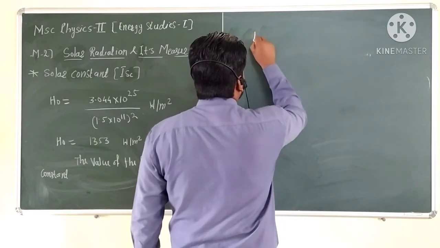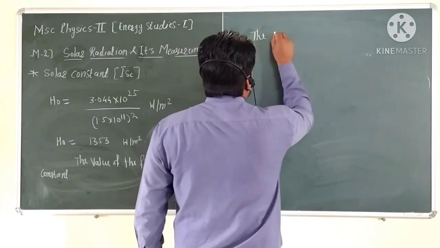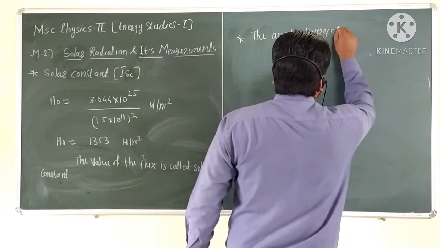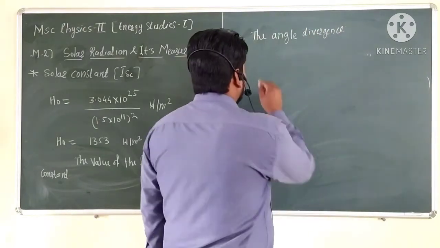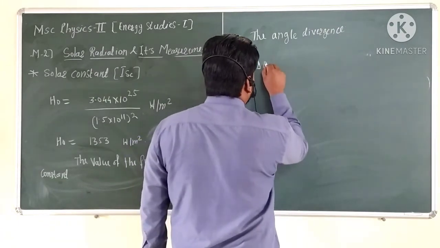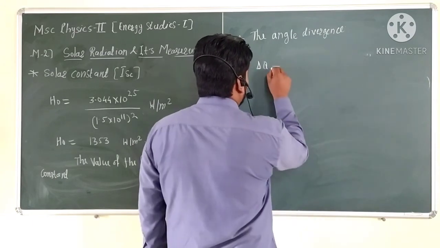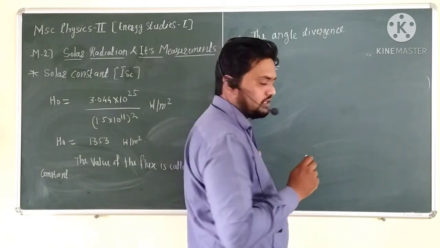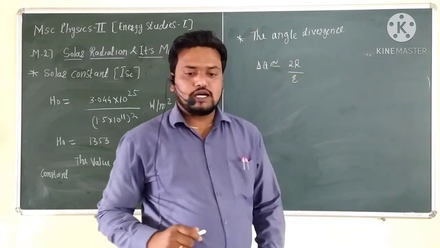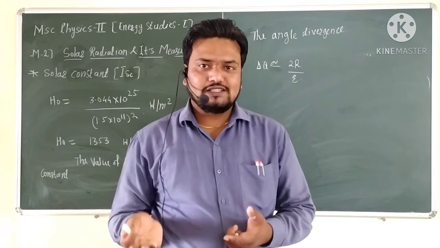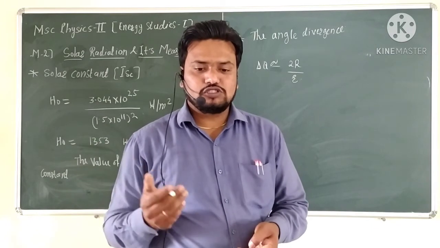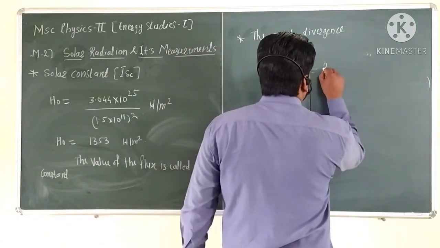The angle divergence is nothing but the variation of angle, delta theta, which is considered as 2R divided by small r, where 2R is the diameter of the sun, capital R being the radius of the sun, and small r is the mean distance of the earth from the sun.